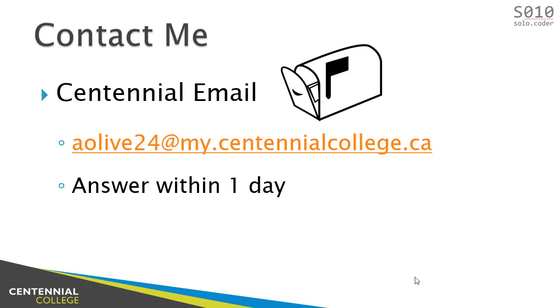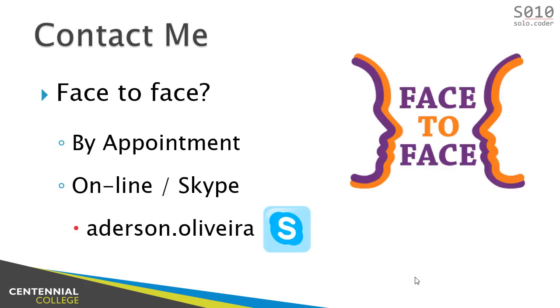How to contact me? Email address, you have that on Centennial. I'll answer as soon as I see it, maximum within a day. I don't have office hours here. However, we can always book an appointment to have a face-to-face, or we can do it online. We can Skype. It's harder to meet here because we have to agree to be here at the same time.